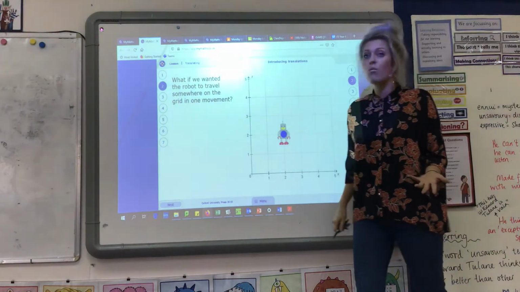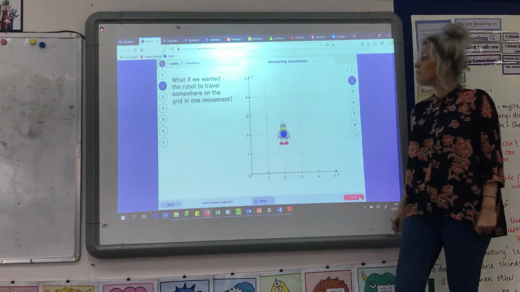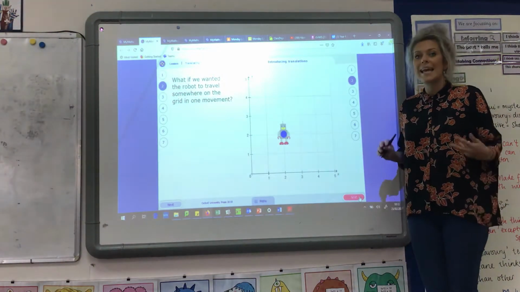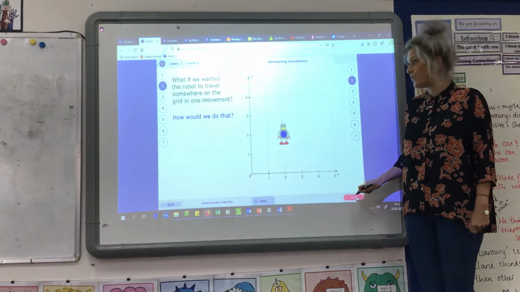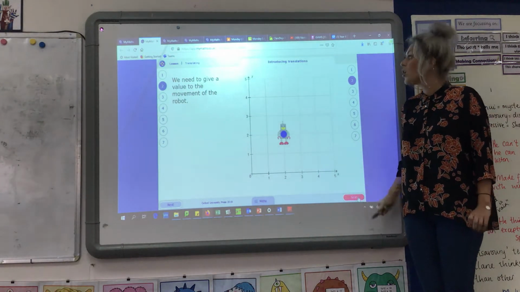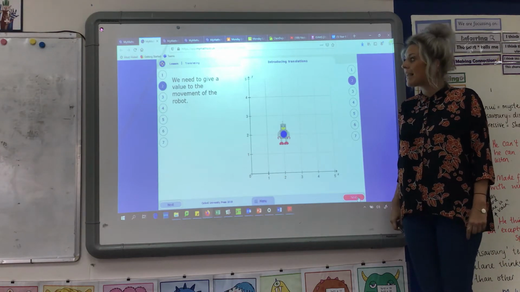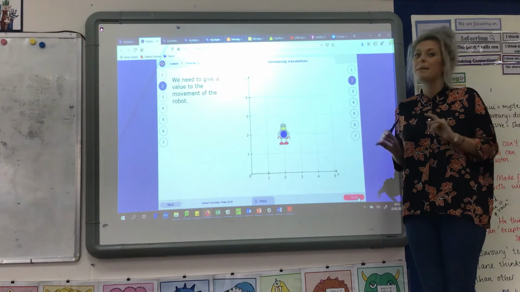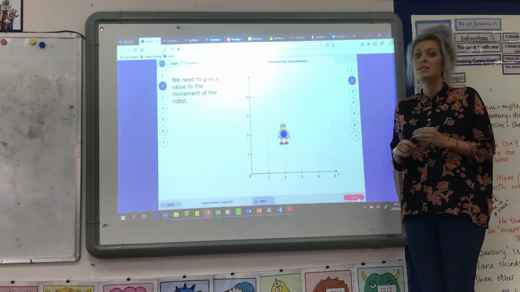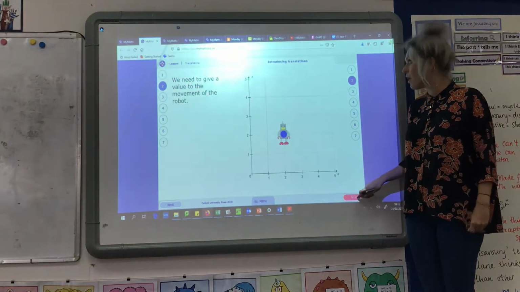What if we wanted the robot to move somewhere on the grid in 1 movement? How would we do that? We need to give a value to the movement of the robot. So just like on a Bee-Bot, when you program in instructions, we need to do the same for the robot.